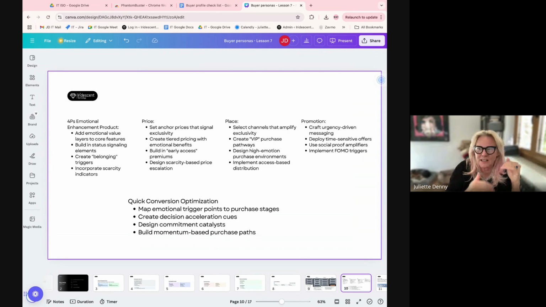We need to have a measured approach, and of course we're not there in the course. We haven't looked at pipelines yet, but just to be really clear, yes, we want to convert into sales, but we need to have that commitment catalyst and that building momentum at the front end in order to convert at the back end.